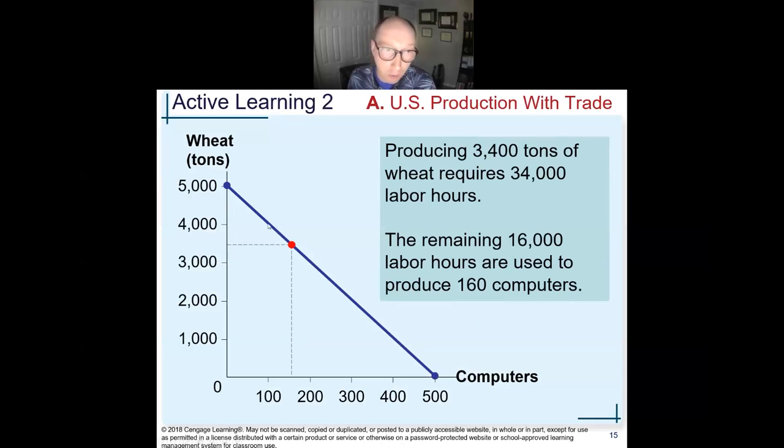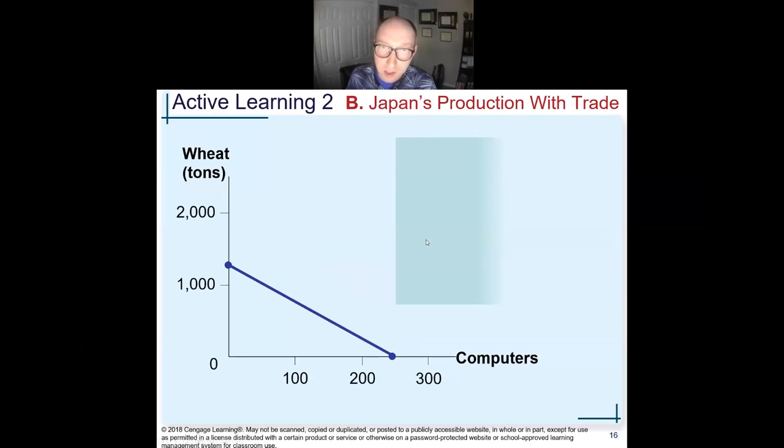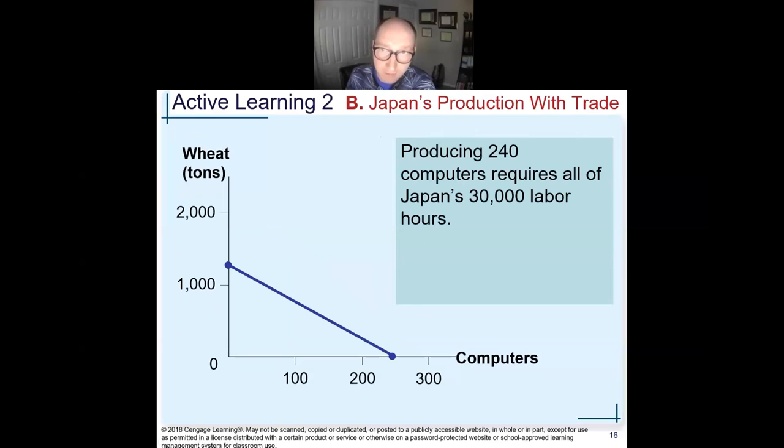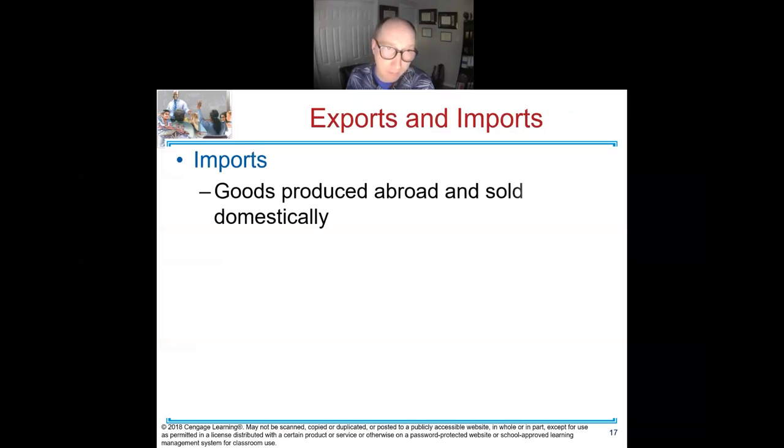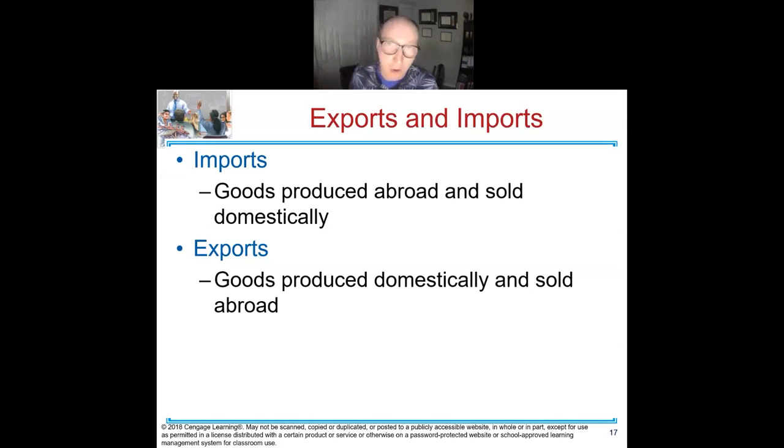Well, in the U.S., if we only produce 3,400 tons of wheat, that means we would have capacity to produce 160 computers. In Japan, if they produce the 240 computers, they would be able to produce 0 tons of wheat. So the two countries would trade with each other if that were the case.